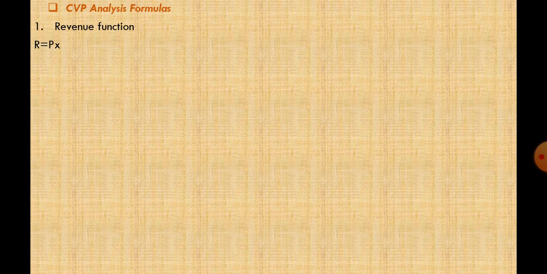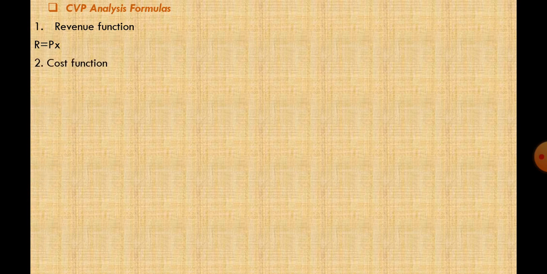The price is denoted as P, and the units sold are denoted as X. So the units that have been sold, you multiply by their prices.